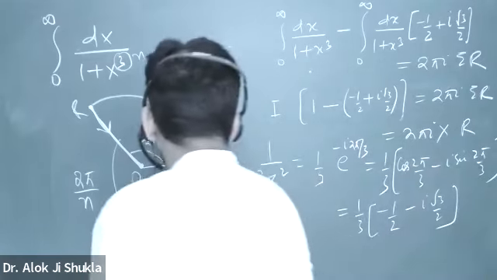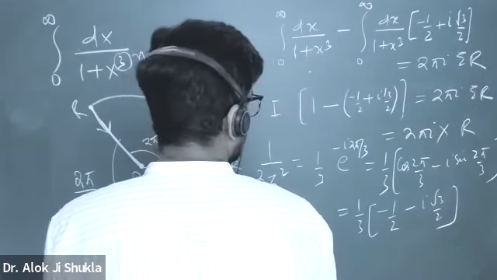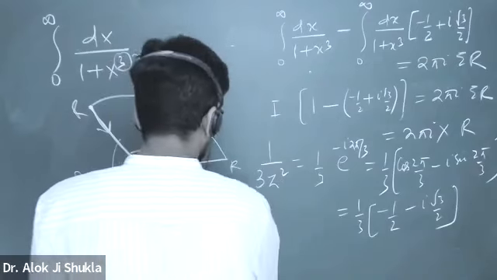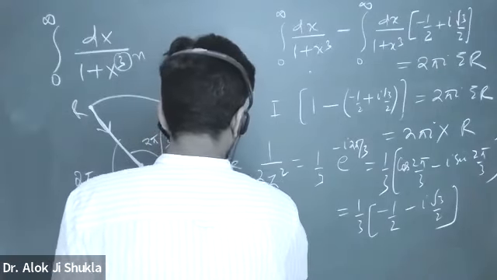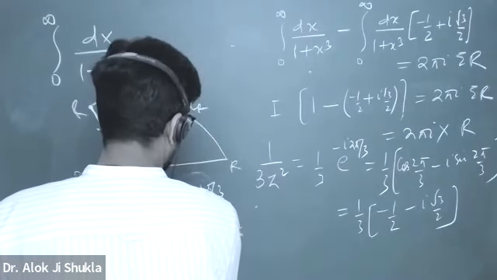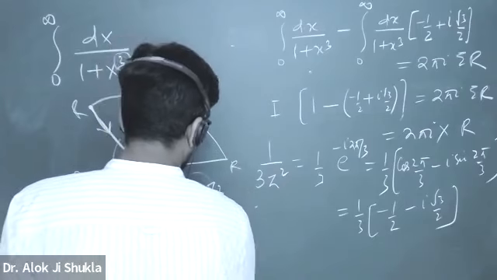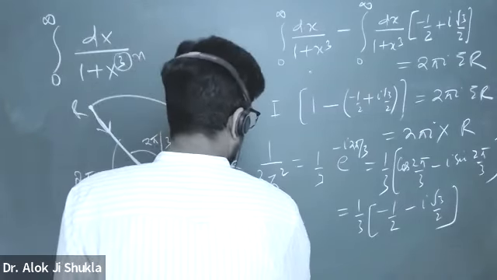I is equal to 2 pi I into residue, which is 2 pi by 3 minus common. And let me take this 2 also. It will become 2 pi by 3. 2 se 2 cancel, right? हाँ sir, ऐसे कीजिए.